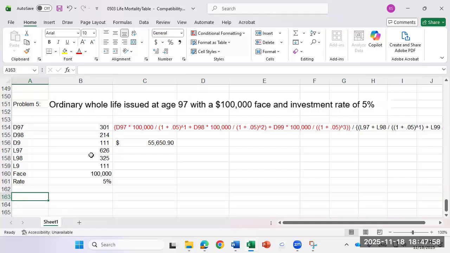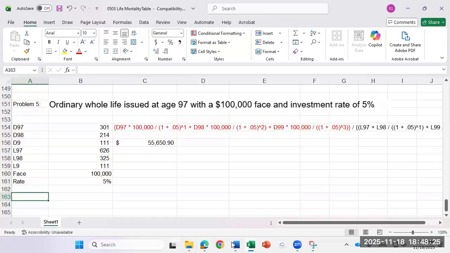So we could actually price an ordinary whole life policy off of this table. If we have some time at the end, we might compare a whole life issued at age 25 to a 30-year term issued at age 25, just to see how much of a difference there is. The whole life's going to be more expensive, but it's not going to be so radical as you might think.